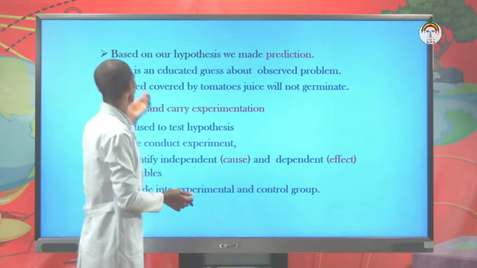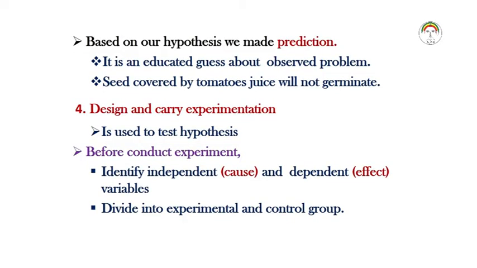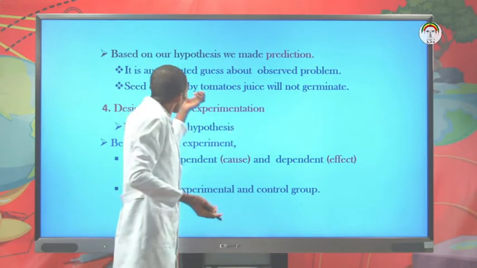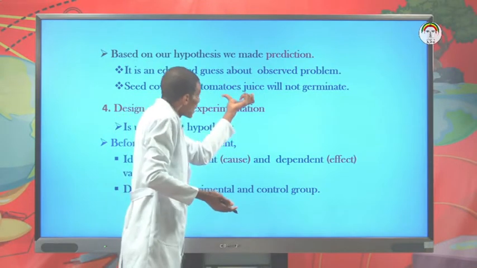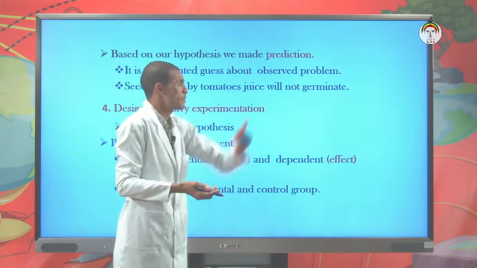So here, it may be an educated guess until it is disproved or proved. Our prediction may be that seeds covered by tomato juice will not germinate, because there is a chemical in the tomato juice.